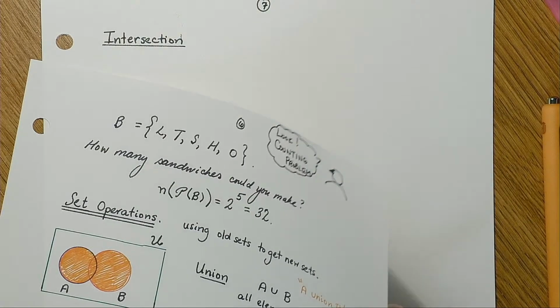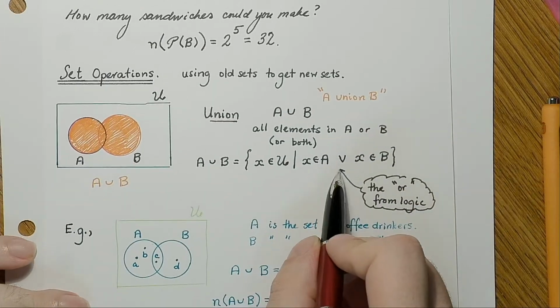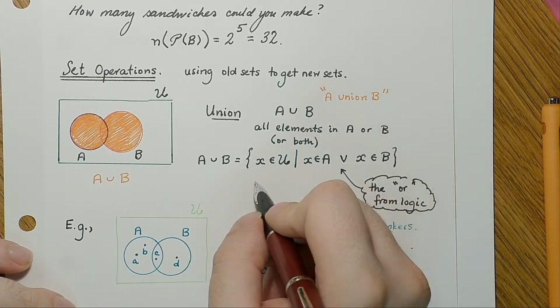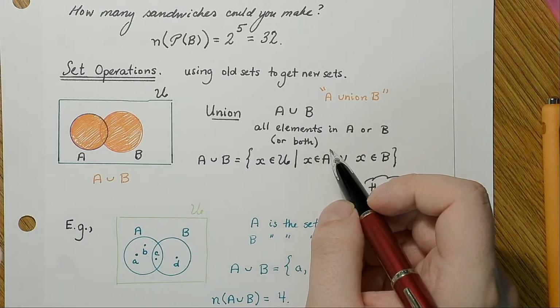Does the union act exactly the same as the logical OR? Yes, it does. That means it's in A or B or both.